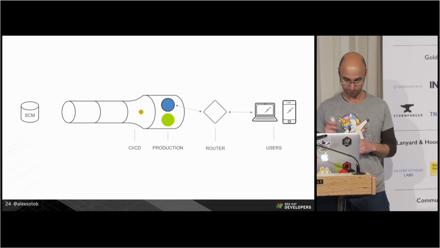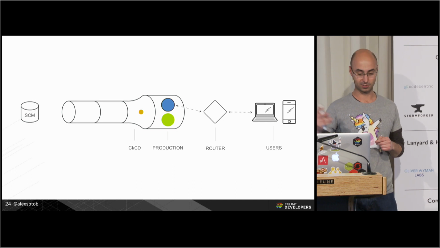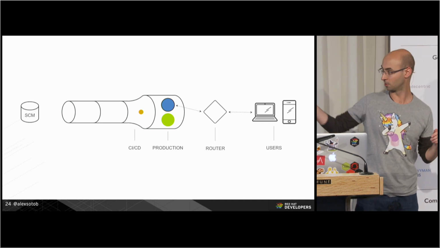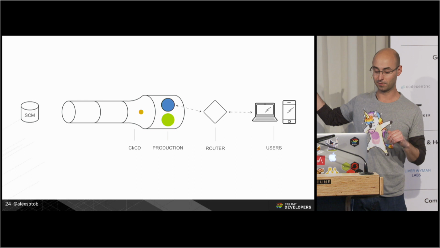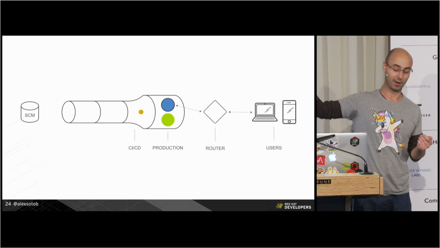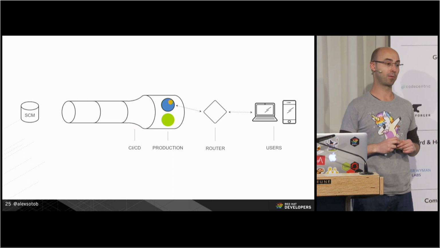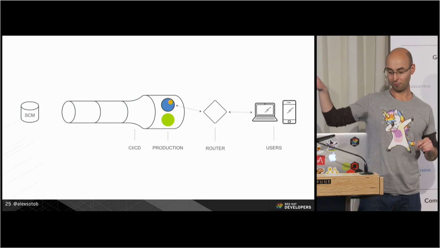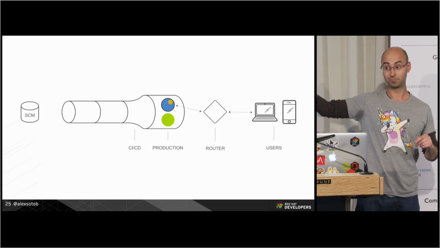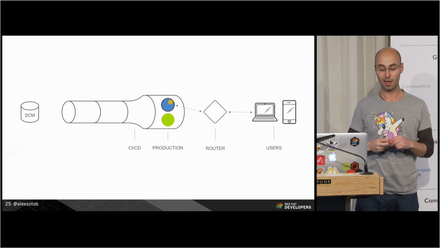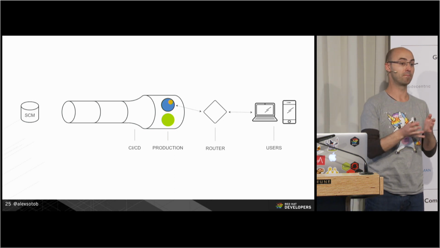But we're going to use a similar approach in the sense that we have our new version, which is this yellow point, and then all the public traffic goes to the blue service, which is the V1. Then we just deploy the service to the production cluster, and we start sending, for example, 1% of the traffic.